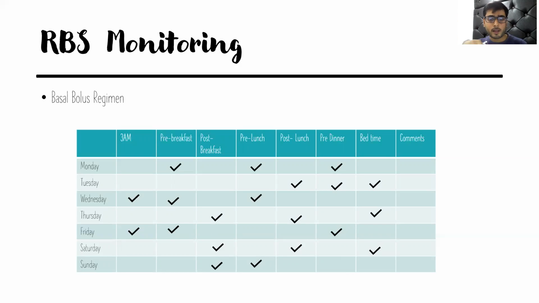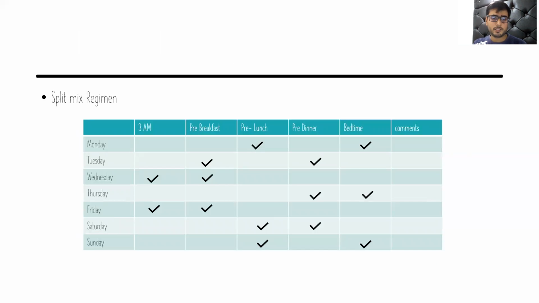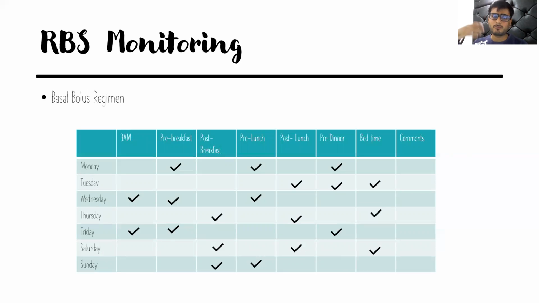After a week, it will give you complete control of blood sugar at a glance. You can see how the blood sugar levels are falling. There are readings at 3 a.m., and sometimes pre-breakfast. So after a week, when you see this patient, even as in the split mix regime, you will have a view at a glance.